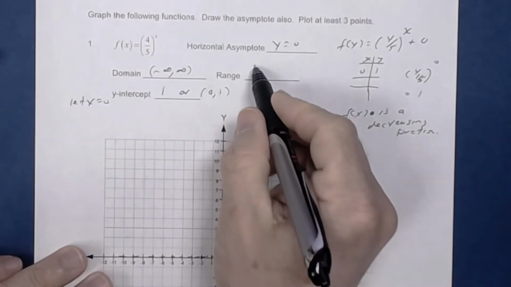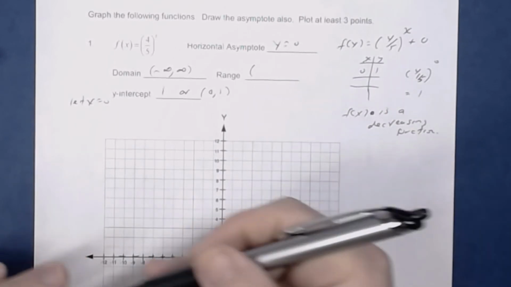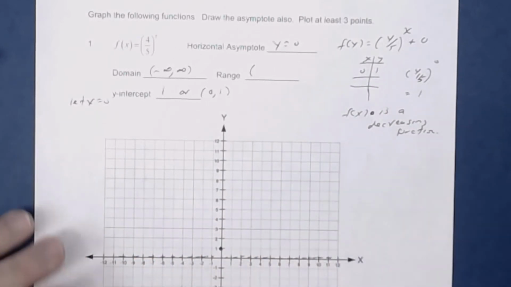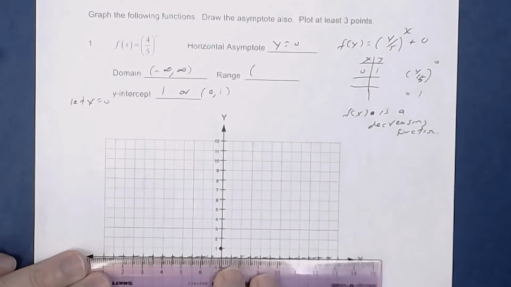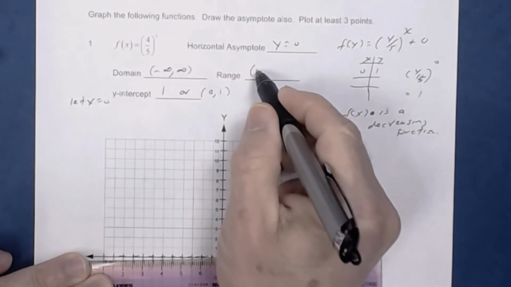So you can find the range without actually graphing it, just knowing what the horizontal asymptote is, and whether the graph is above or below. All right, so you're going to say 0 to infinity.